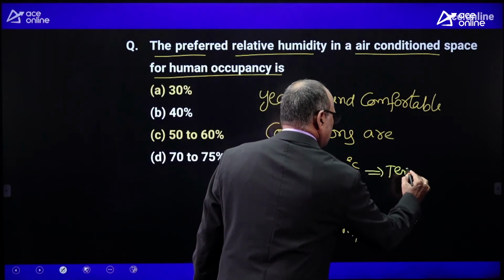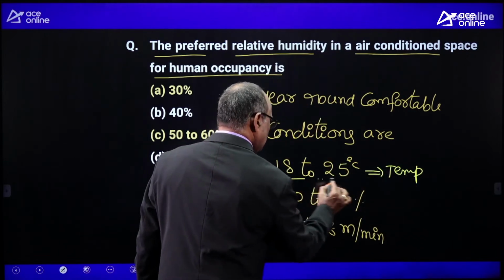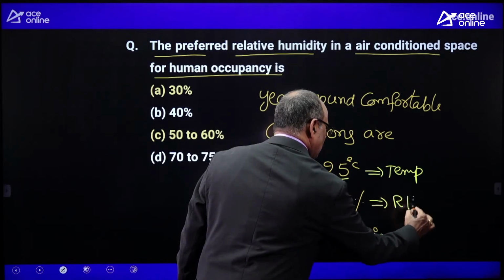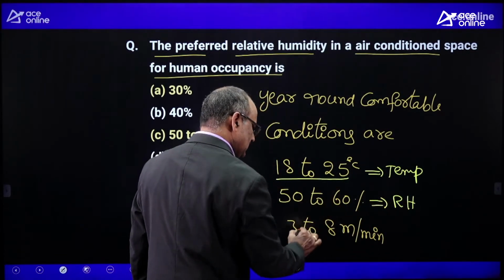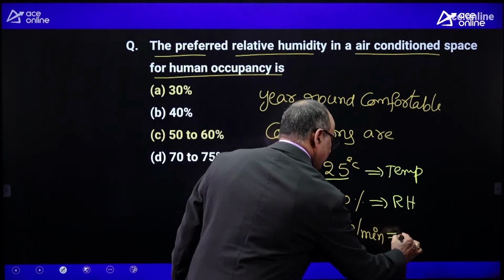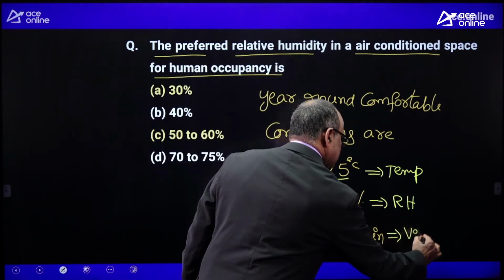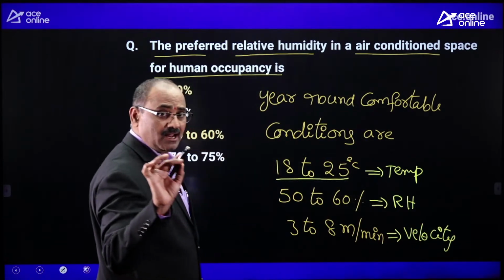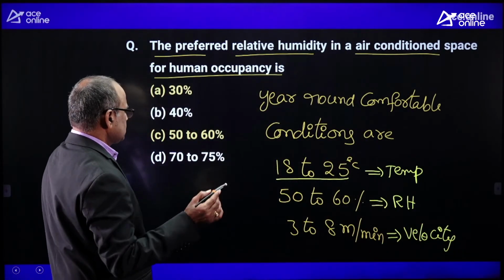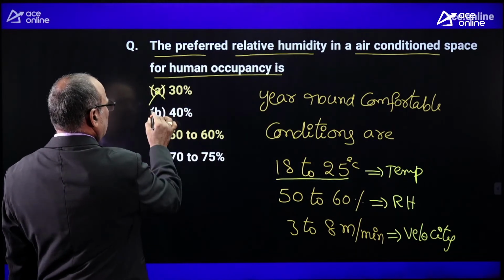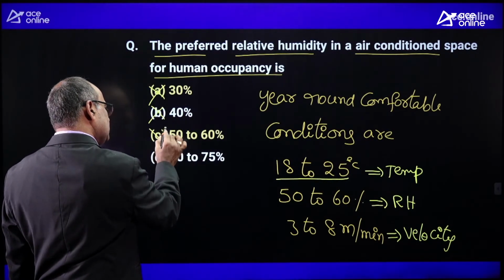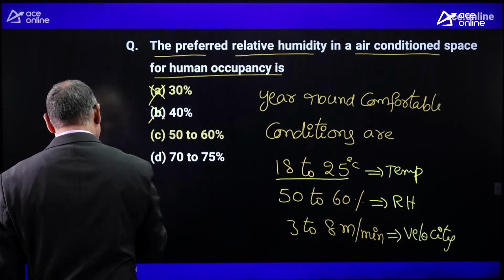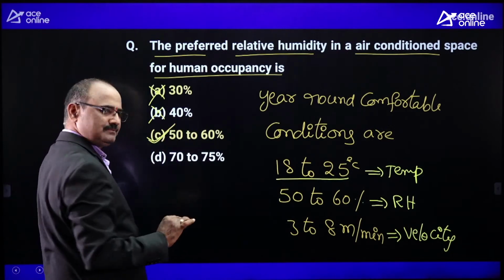Temperature is from 18 to 25 degrees centigrade, the RH value means relative humidity from 50 to 60%, and air velocity is from 3 to 8 meters per minute, not second. Now look at the options. 30 no, 40 no, 50 to 60%. Yes, option C is absolutely correct.